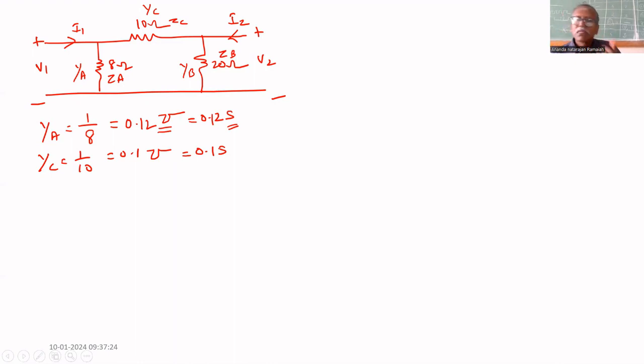And YB equal to 1 by 20, equal to 0.05 mho or 0.05 Siemens. Either mho or Siemens will be given. 99% Siemens will be given, as that is the correct unit, but the older name is mho.